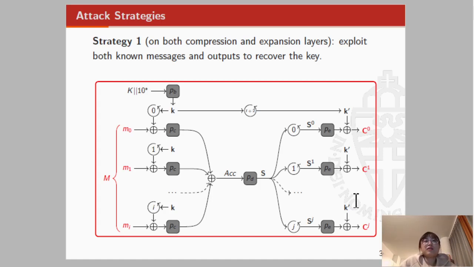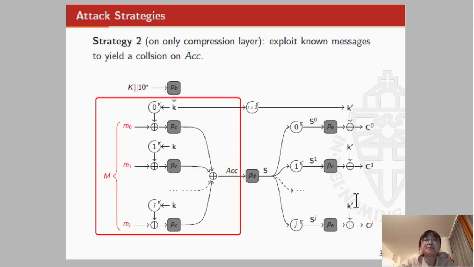Roughly, there are three attack strategies. The first strategy is that we focus on the whole construction and exploit the relationship between the message and output, and the relationship between the input mask and output mask, to recover the key. The second strategy is that we only focus on the compression layer and try to find collisions on the accumulator by using the message.